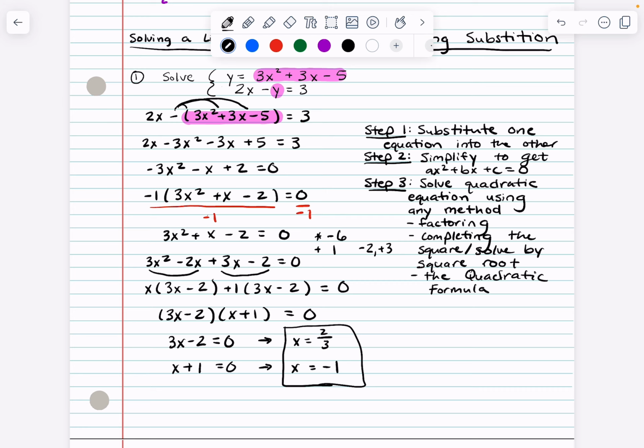Let's go ahead and start out with x is equal to 2/3. I'm going to go ahead and use this equation here: y is equal to 3x squared plus 3x minus 5.